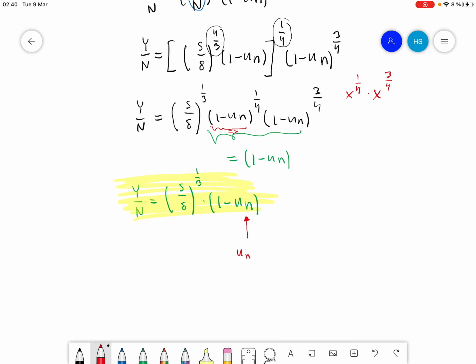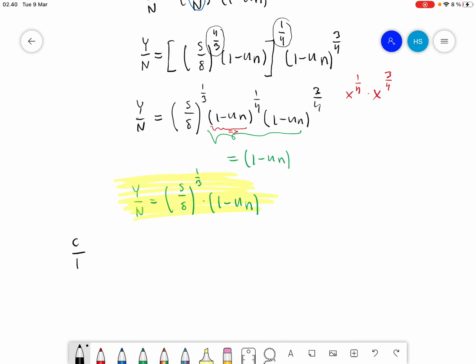If un increases, if we have more people unemployed, then production will decrease, because production depends negatively on the unemployment rate. So if we have a higher unemployment rate, we will have fewer workers in our production and therefore also a lower production.